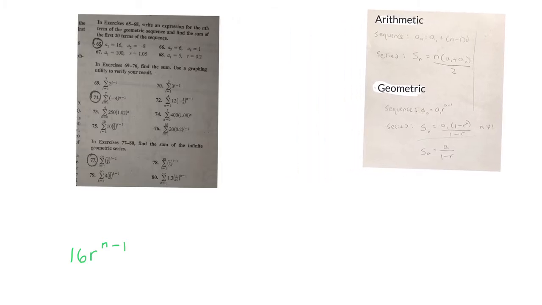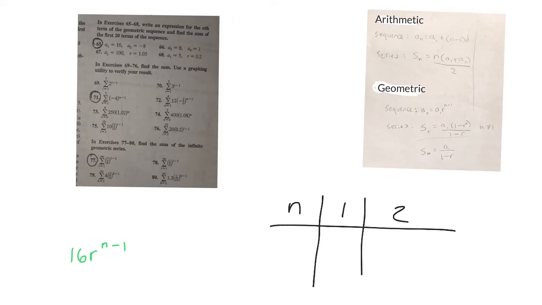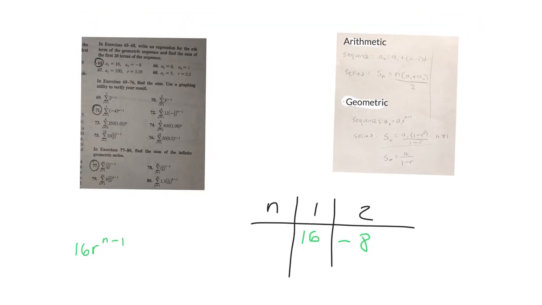So let's make a table that has just two numbers. We already have the first term, and we already have the second term. Actually, they give it to us. It's -8.